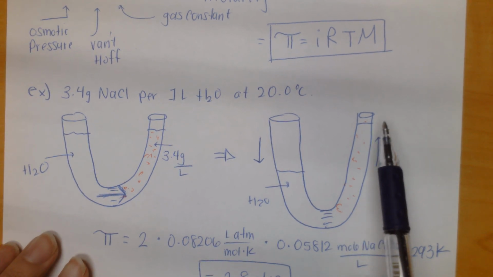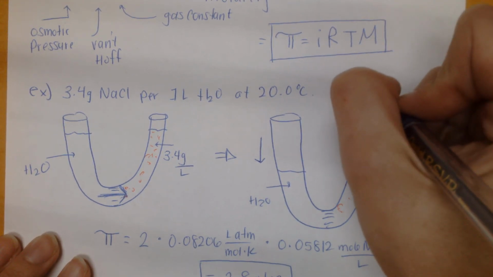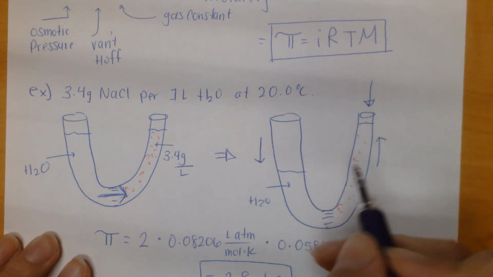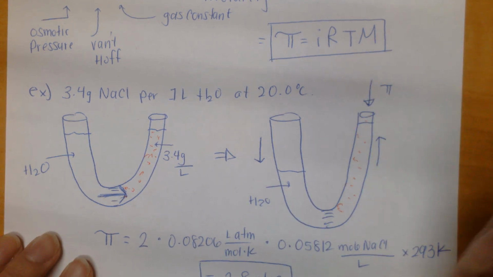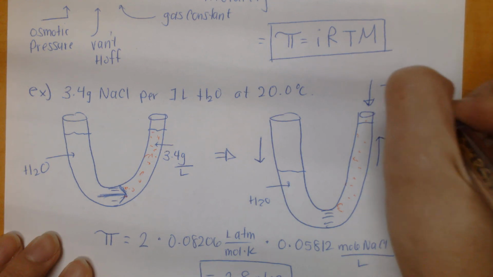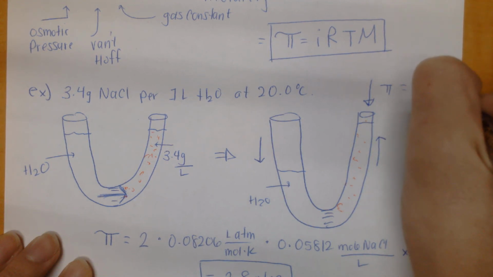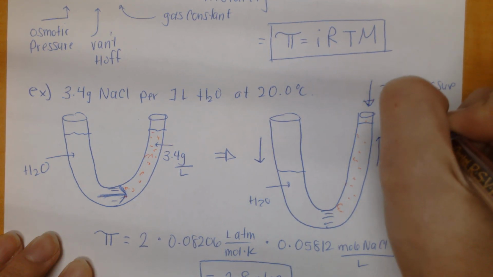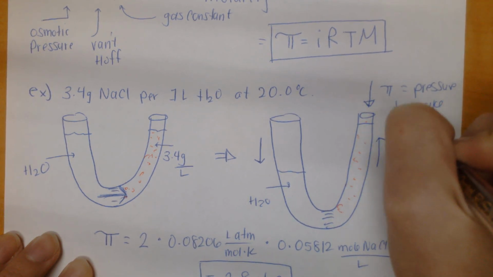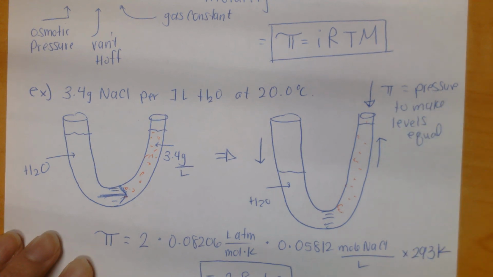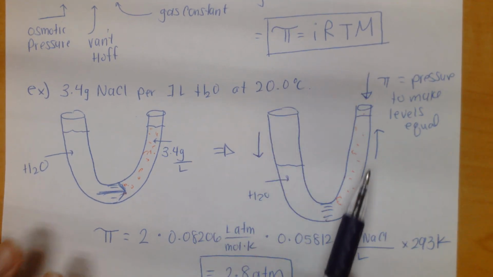Again, the osmotic pressure would be what pressure we have to apply here to make these two levels equal. So pi is the pressure to make levels equal. We solve by using this here.